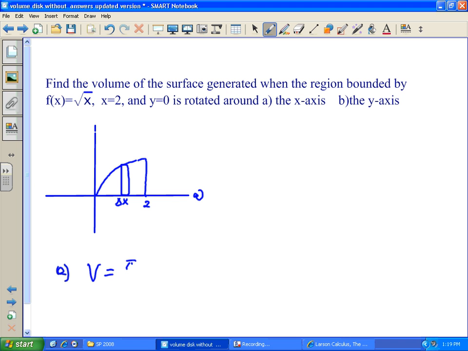Volume equals pi times the integral of the radius. The capital R in this case is again given by the function, the square root of x function, right? Dx. And the limits are going to come from the x-axis, from 0 to 2.